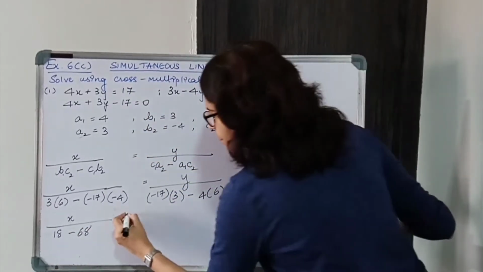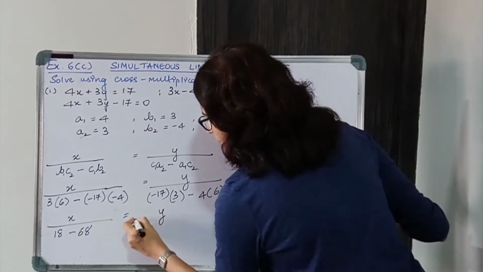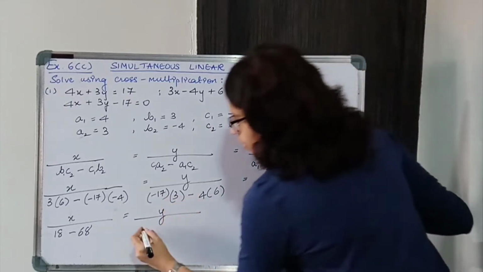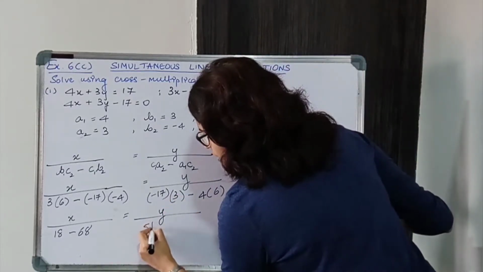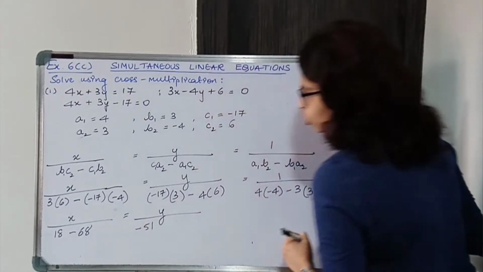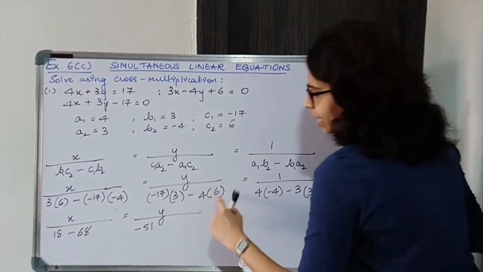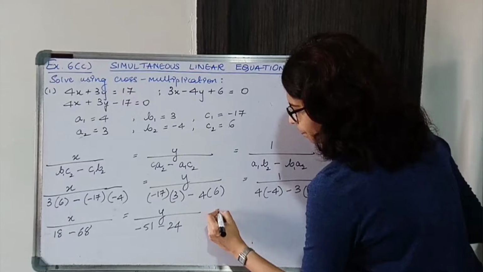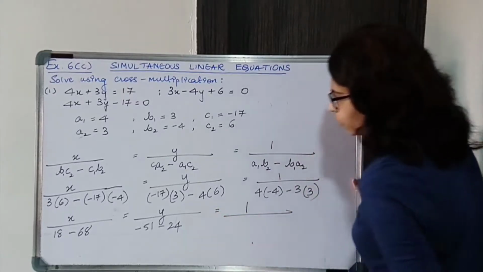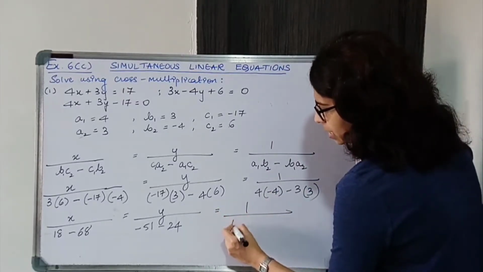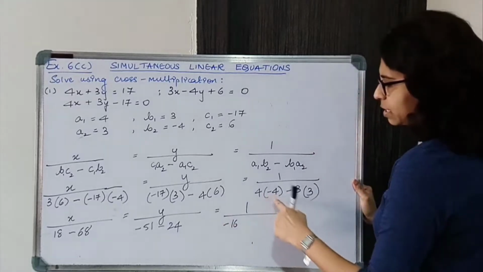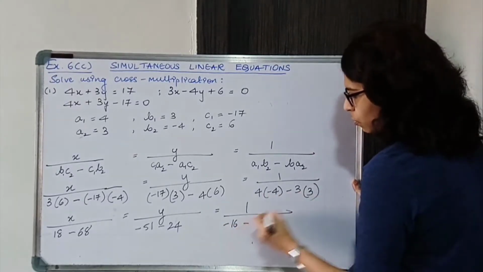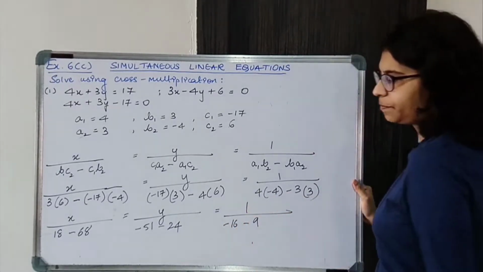Okay, is equal to y upon 17 3s are, so that is 51. Minus हो जाएगा, minus into plus, and here minus 6 4s are 24 is equal to 1 upon 4 4s are 16, minus हो जाएगा, plus into minus, and here also 3 3s are 9.